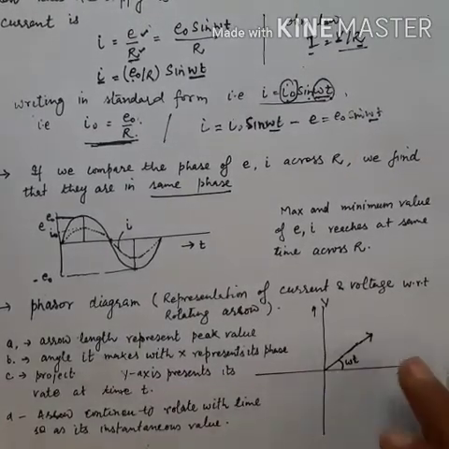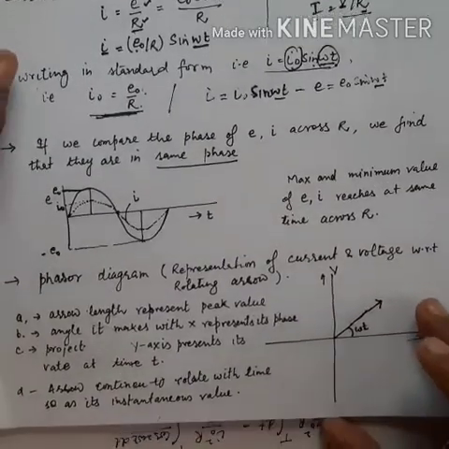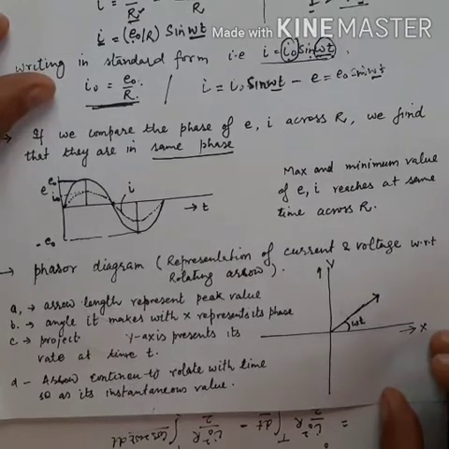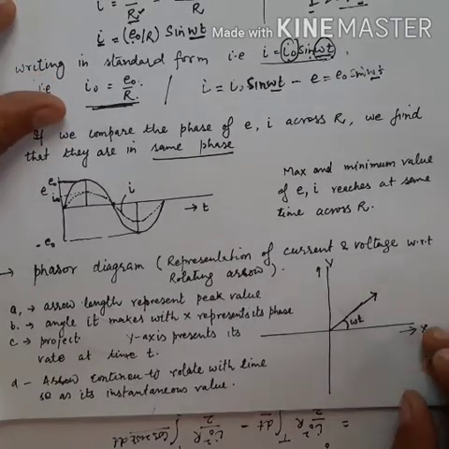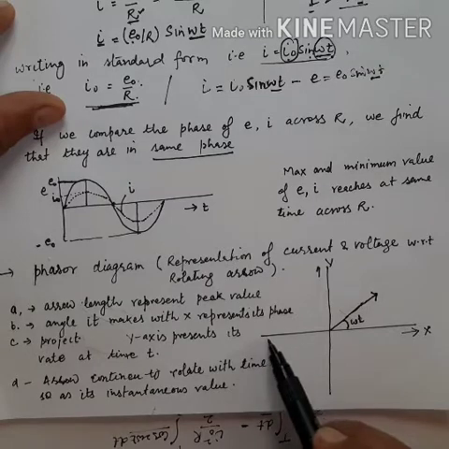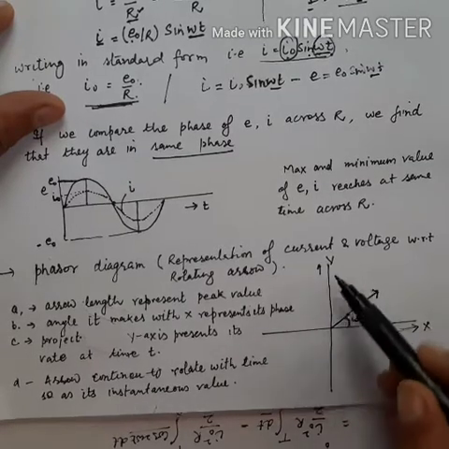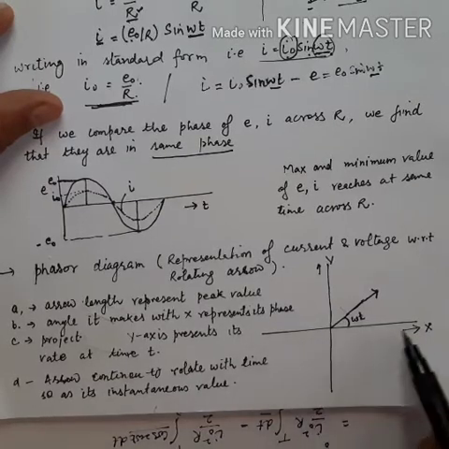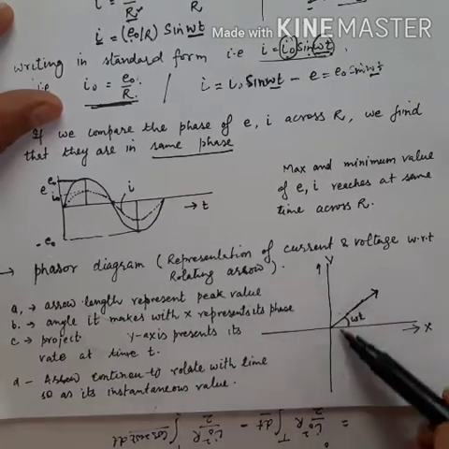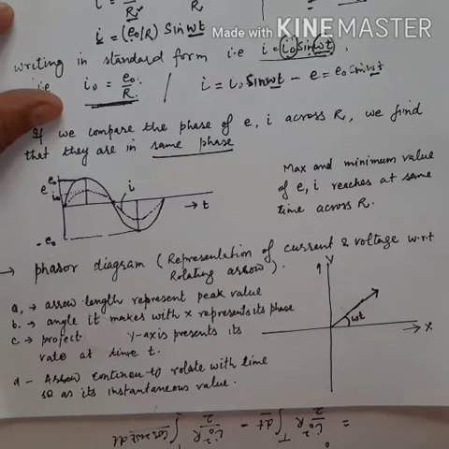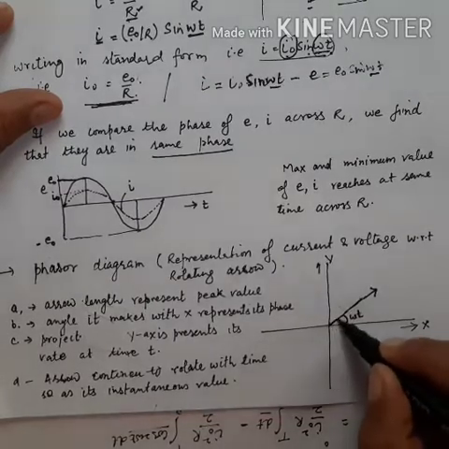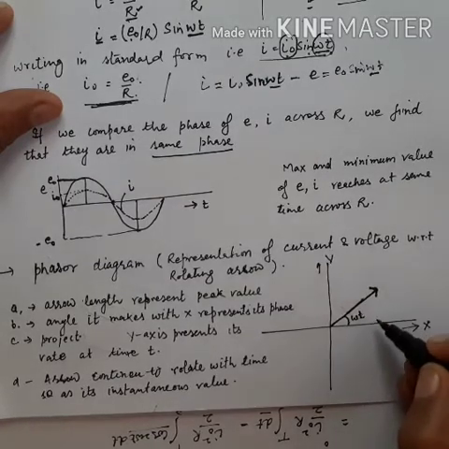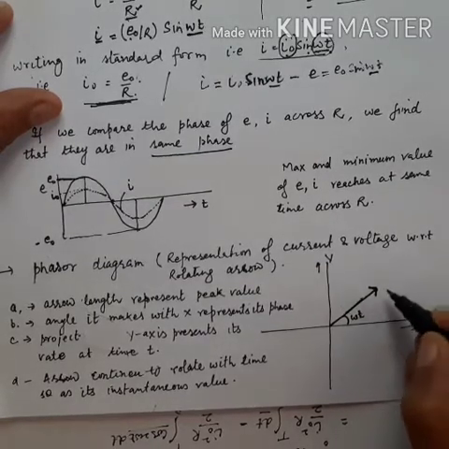Now if you want to represent this more convincingly, I represent it with the help of a phasor diagram. So what is basically a phasor diagram? A phasor diagram consists of two axes, this is your x-axis and this is your y-axis, and then an arrow. The length of this arrow represents the peak value.